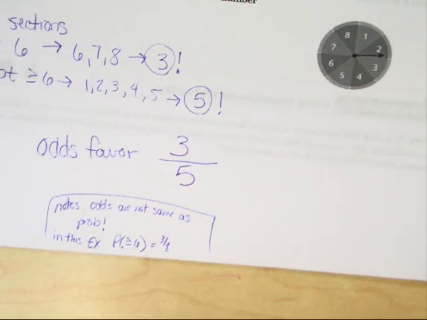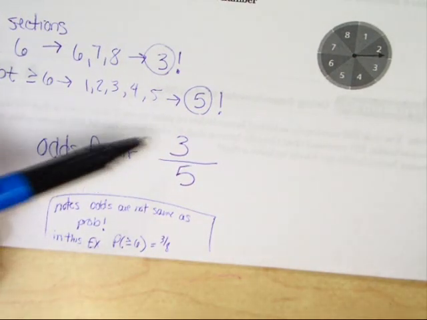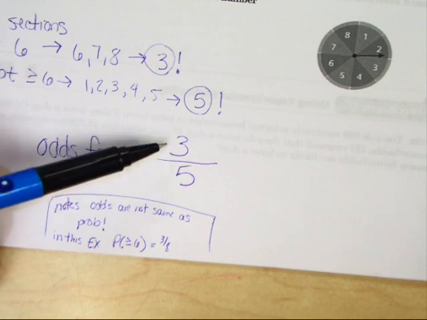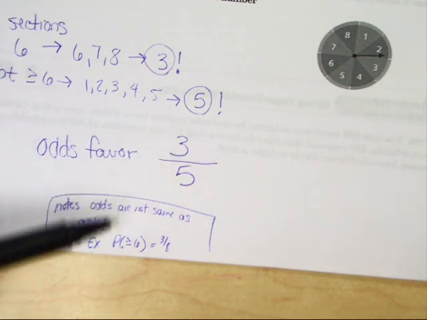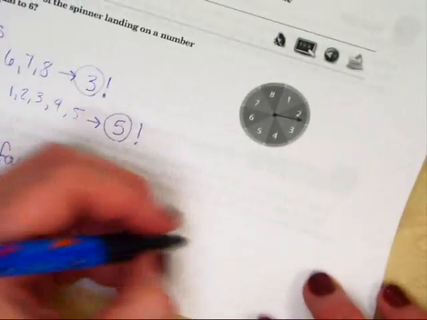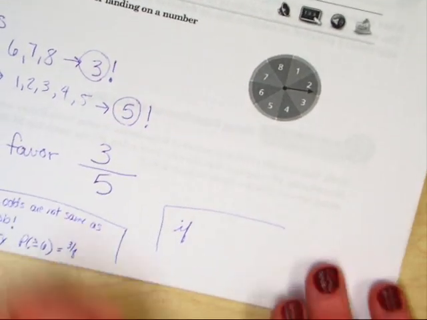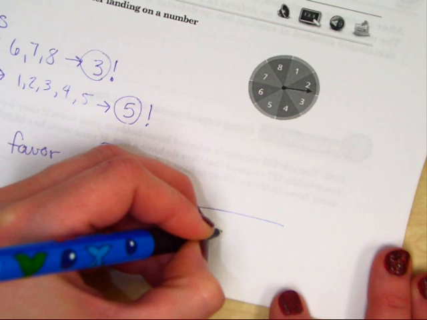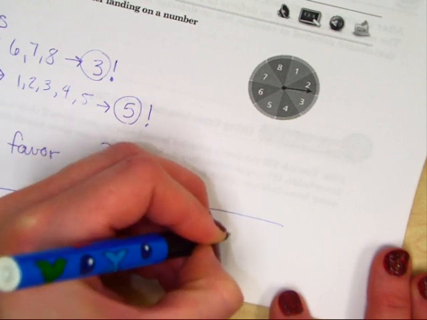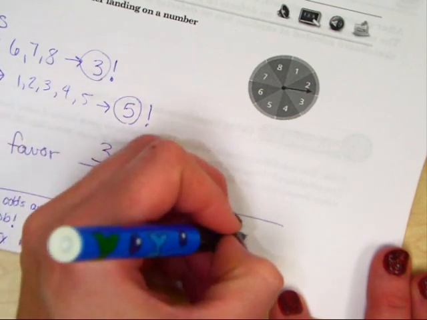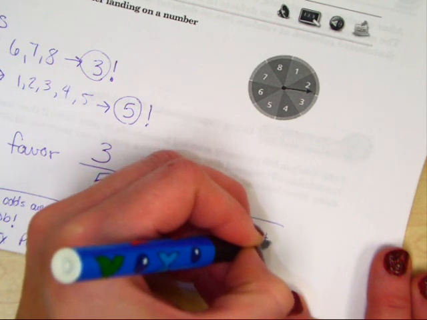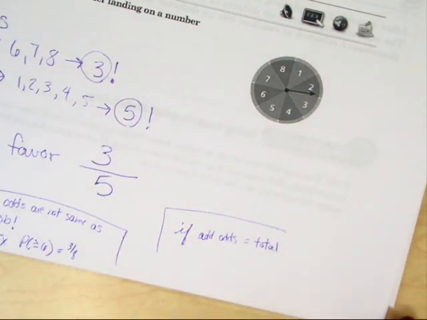So it's very different. Now what you can notice is that if you add the odds in favor, it will always equal the total. Maybe we should make a little note here, just to help ourselves double check. If you add the odds, you will always get the total. So if you add the top and the bottom, you're always going to end up with the total possible anyway.